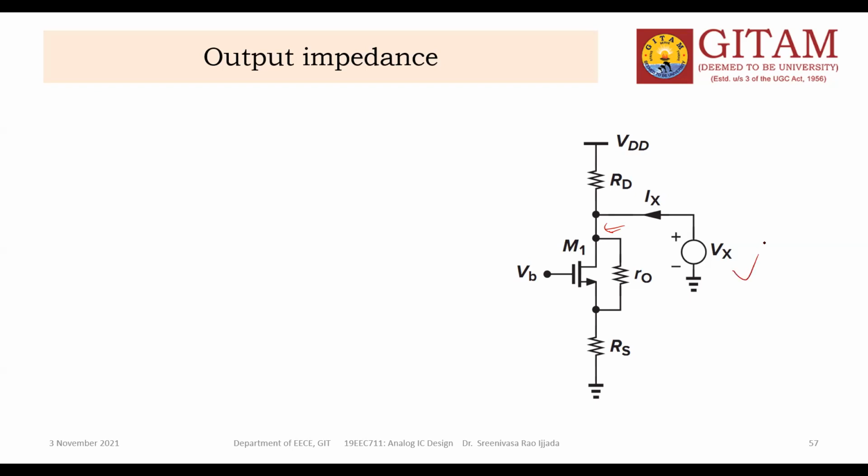So apply a known voltage and known current. All the sources must be replaced with their internal impedances. Remember, Thevenin's impedance calculation is very important for finding the output impedance, and I always use that one.